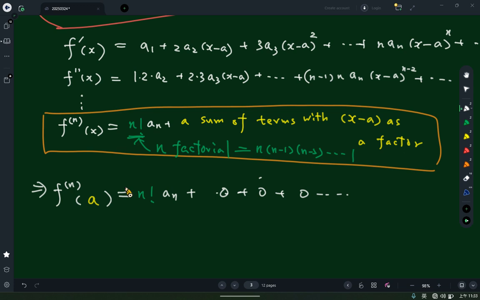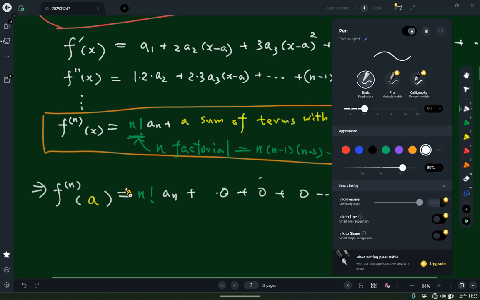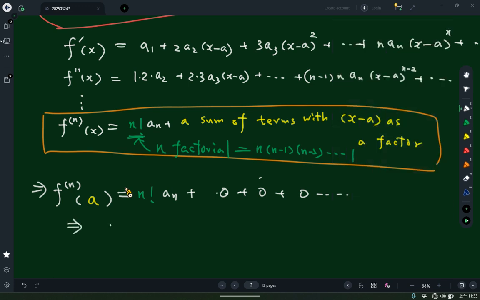So when you use a as an input, starting from the second term everything becomes 0. We will have the term n factorial times an. So based on this, we get an is equal to the nth derivative of f at a over n factorial. So this is what we want to get.